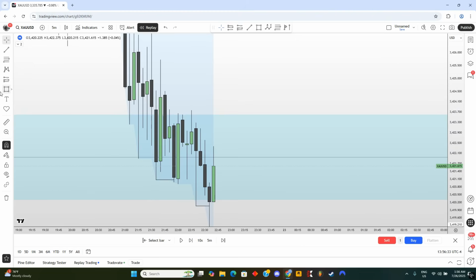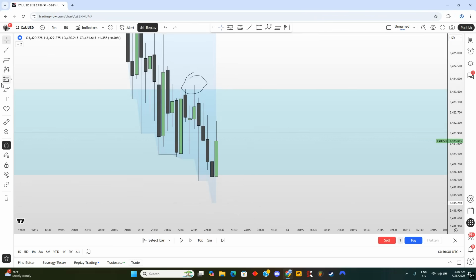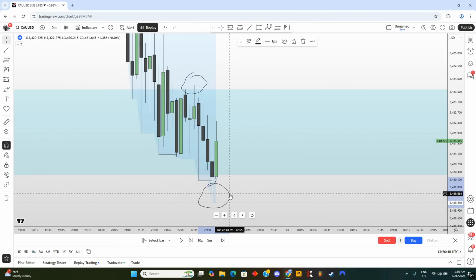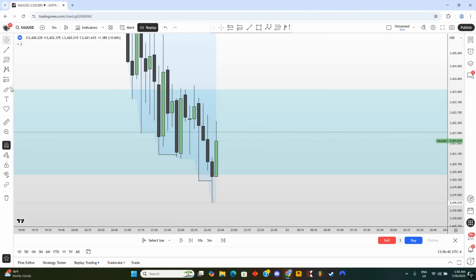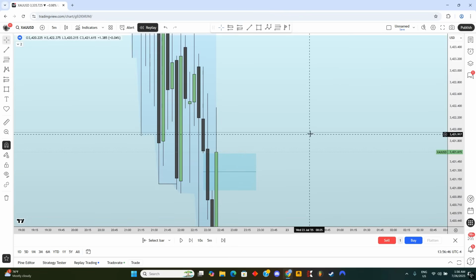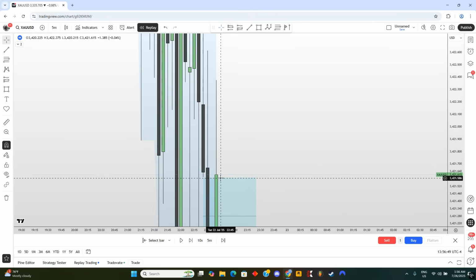But then also notice that from this dealing range high to this dealing range low over here, we have this fair value gap. And do we inverse above it? Yes, we do.